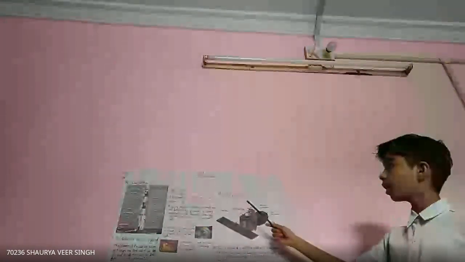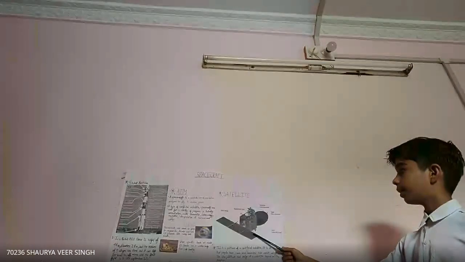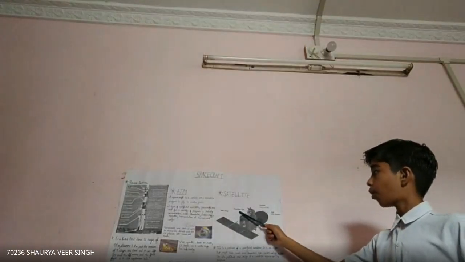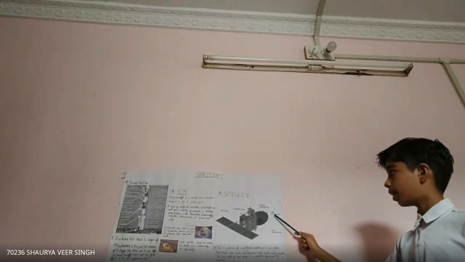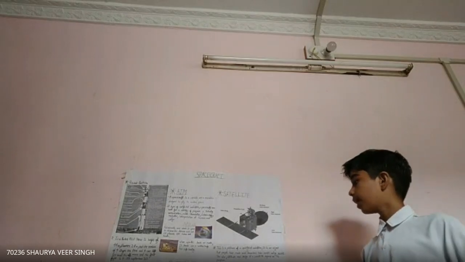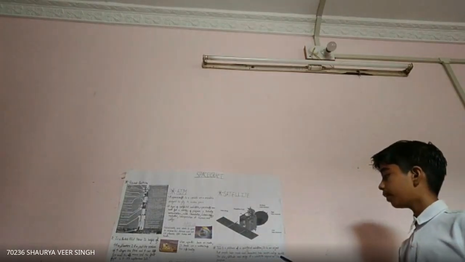Now I have to tell about satellite. This is a picture of an artificial satellite, and the artificial satellite has a solar array, propellant tank, medium gain antenna, high gain antenna, and low gain antenna. A satellite is an object that people have made and launched into orbit using rockets.